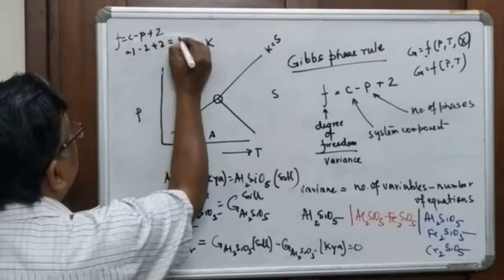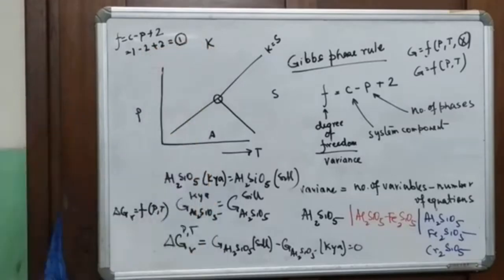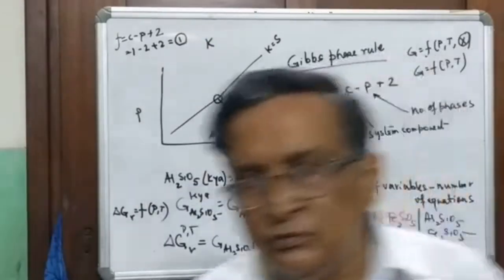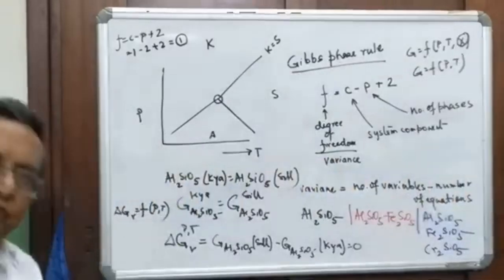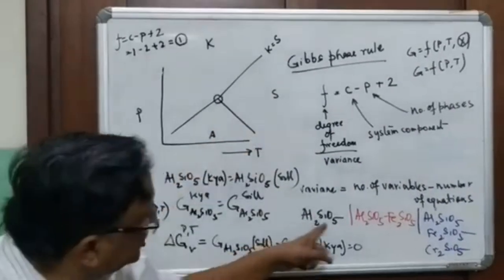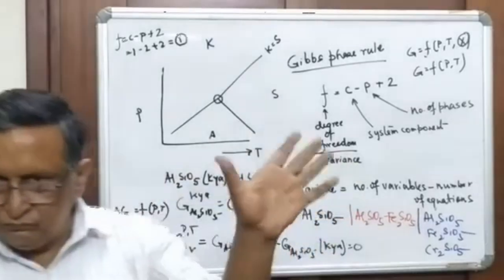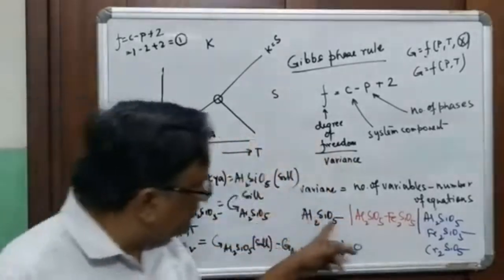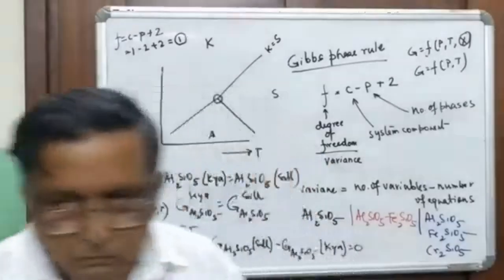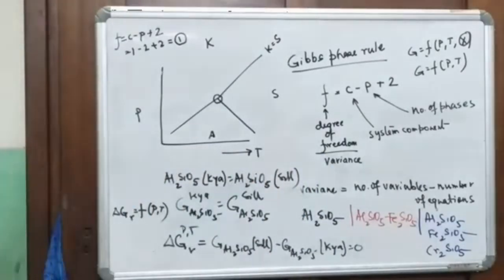Plus 2. Variance 1. What does that mean? How many variables do we have? Pressure and temperature, because composition terms don't come in. Right? Correct.